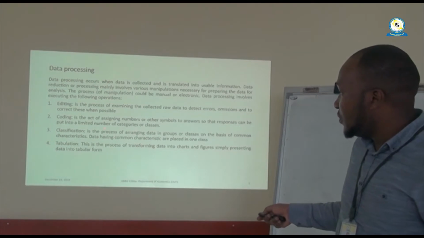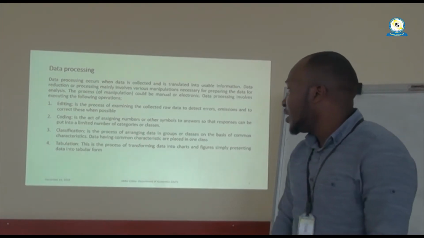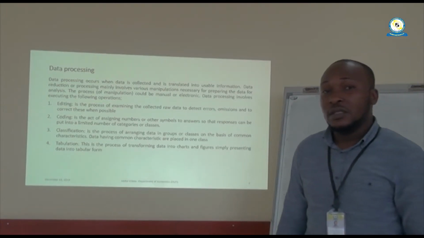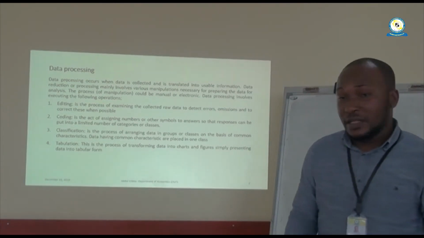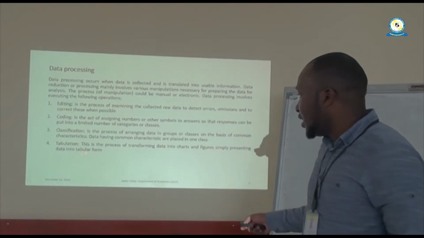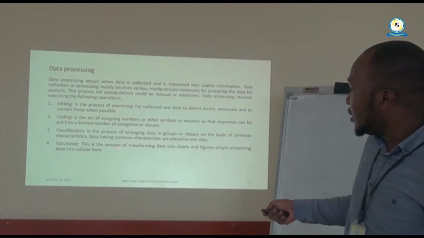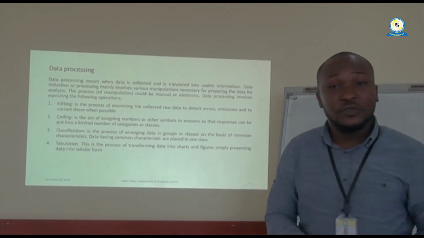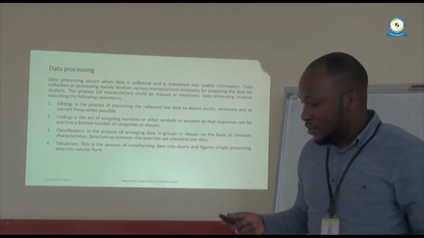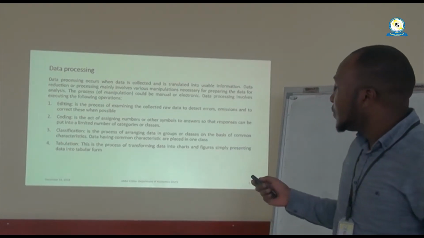You are classifying your data level. And tabulation. Tabulation is a primary way of analyzing your data. You put your data in tabular forms, in charts of males and females. Simply, it's to describe your data.